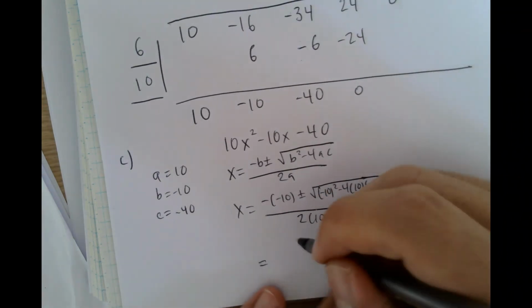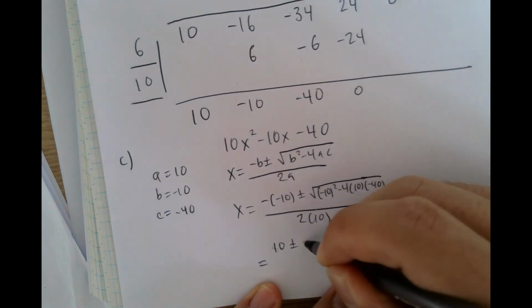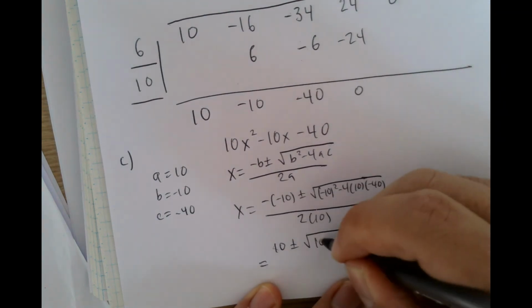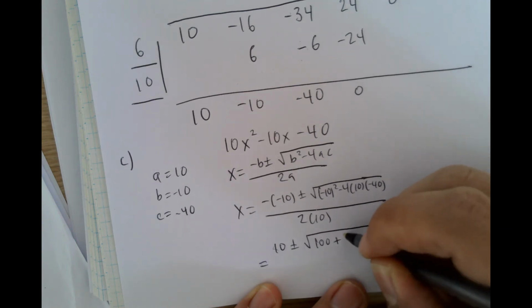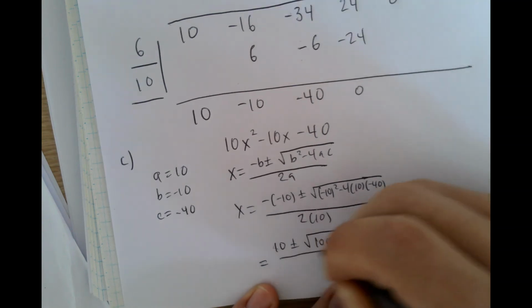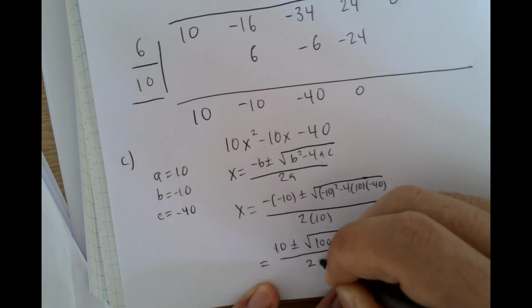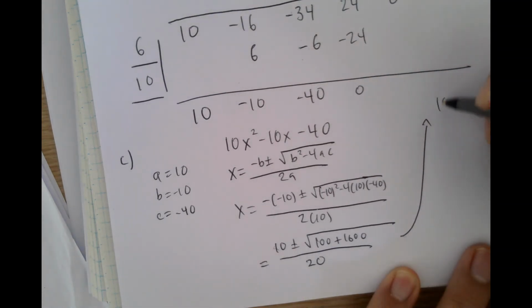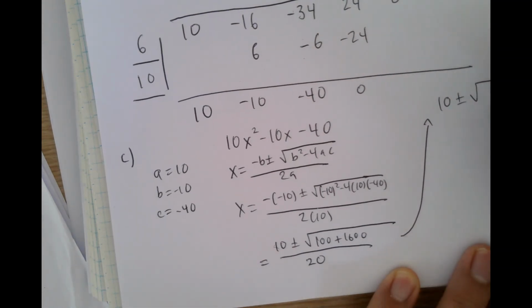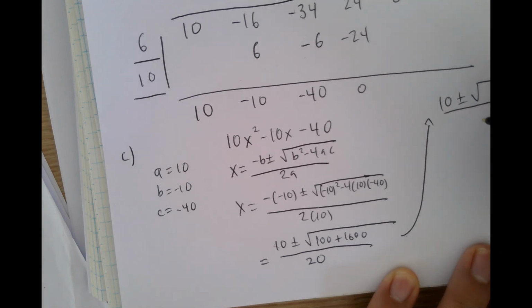So this would be 10 plus or minus the square root of 100 plus 1600, all over 20. This equals 10 plus or minus the square root of 1700 divided by 20.